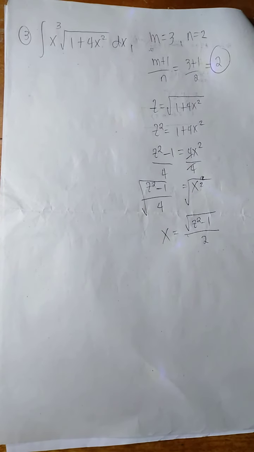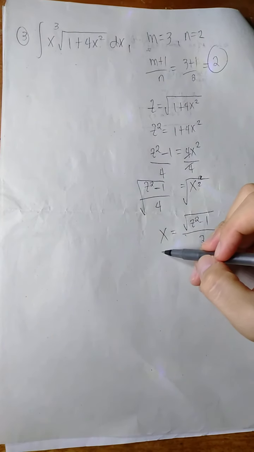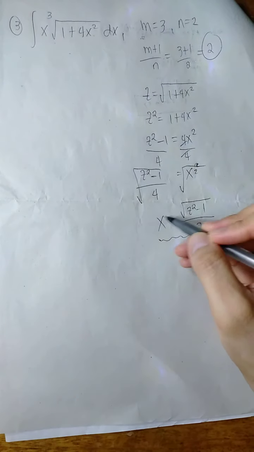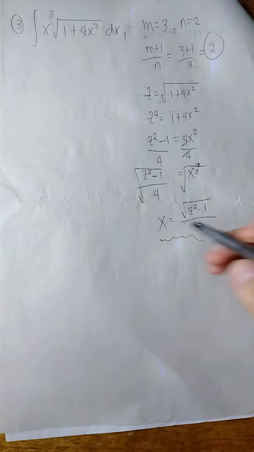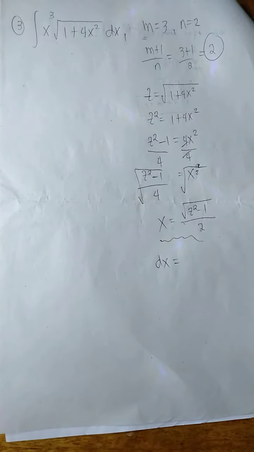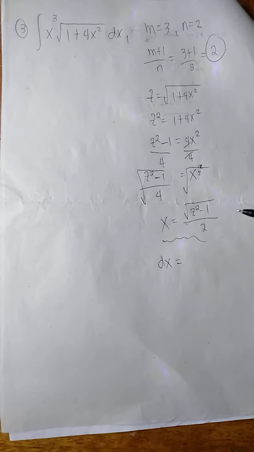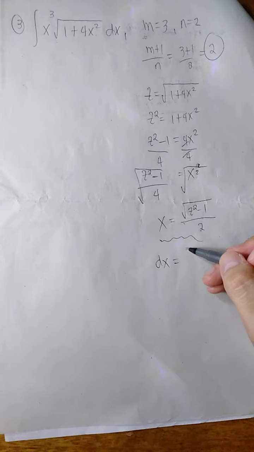Sir, how about the dx? So how can we get the dz or yung equivalent substitution? So ito, i-derive naman natin. So what is the differential or derivative of x, which is dx. So integral of differential of x dx. Then ito, constant 1/2.